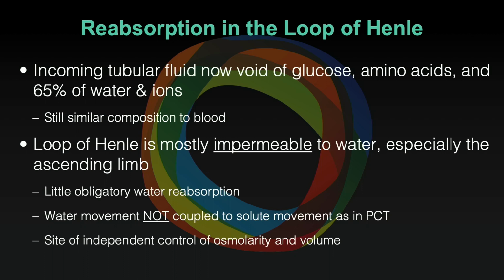And this is really important in understanding the production of urine, either concentrated or dilute urine, when we discuss that example in depth tomorrow. So water and ion movement are not coupled. They can be divorced here.